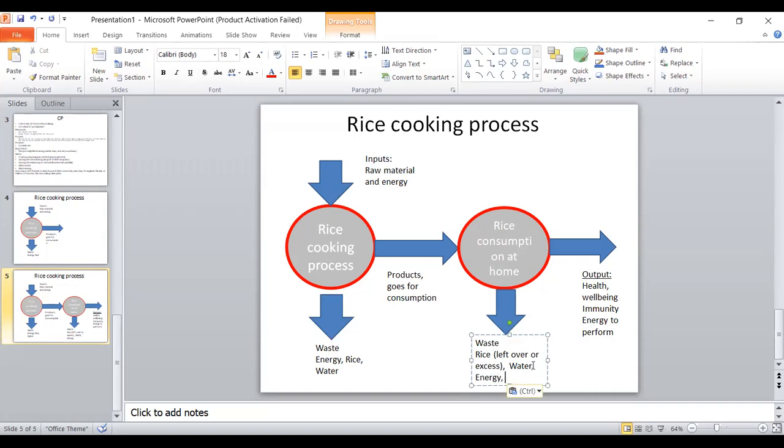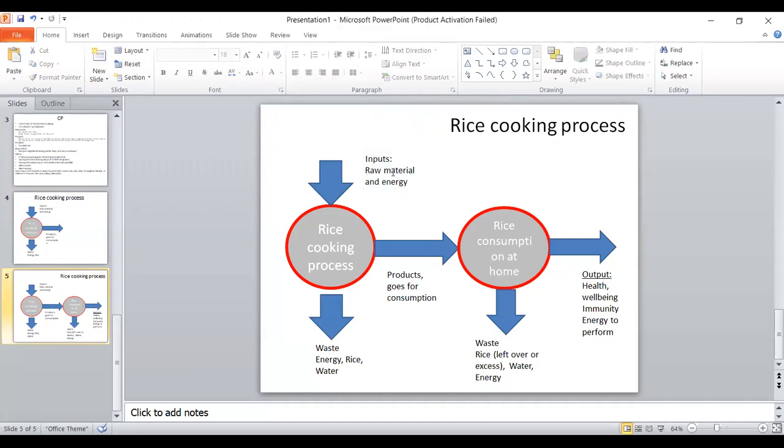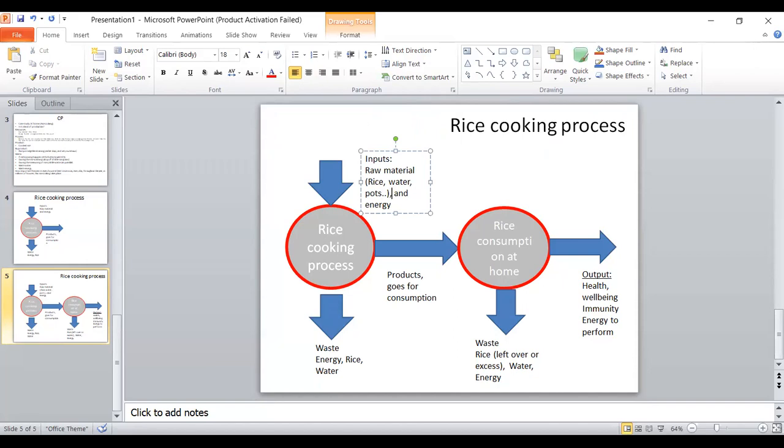So this is a consumption model. If we further look into this, inputs are raw material and energy. Raw material is rice, water mainly, pots, etc., and energy.